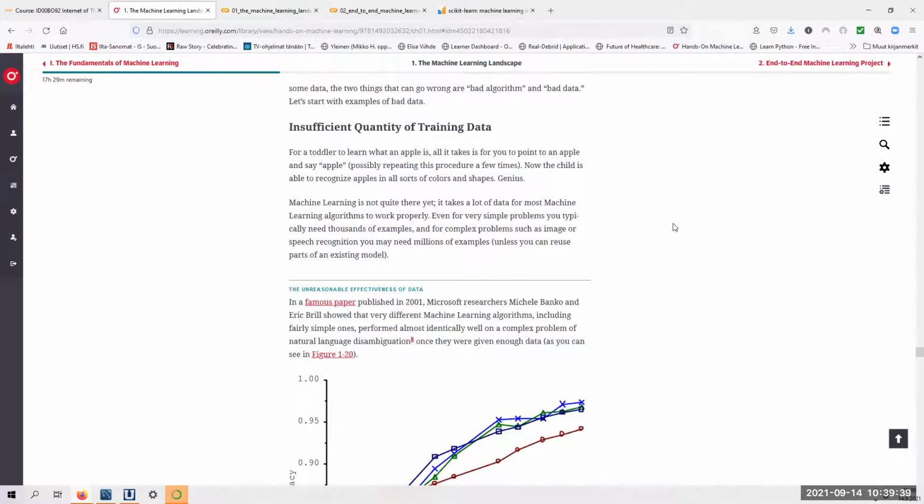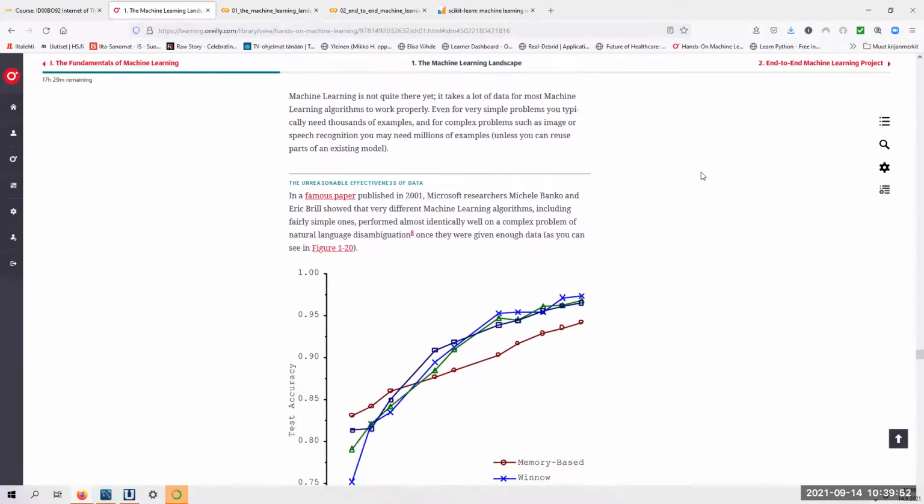Maybe the most difficult or bad thing is that you have an insufficient quantity of training data, so not enough data points. So in general, it takes a lot of data to train a machine learning algorithm. For example, for image or speech recognition, you may need millions of examples.